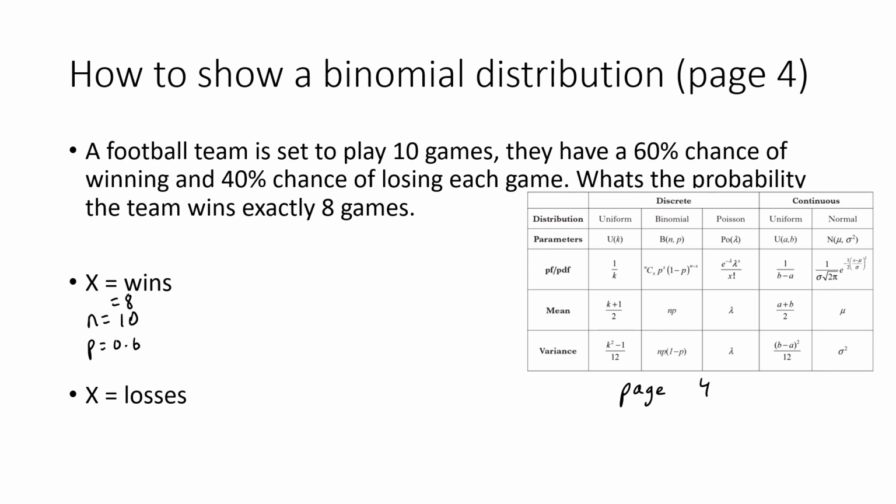Now we just need to write out the whole formula. First we write the probability of X equaling 8, or there being 8 wins, is equal to N C X. So we have N as 10, C X, which is 8, times P to the power of X. P is 0.6 to the power of 8, times 1 minus P, or you could even write Q, where Q is 1 minus P, that's 0.4, to the power of N minus X, or the remaining number of trials, which is 2.